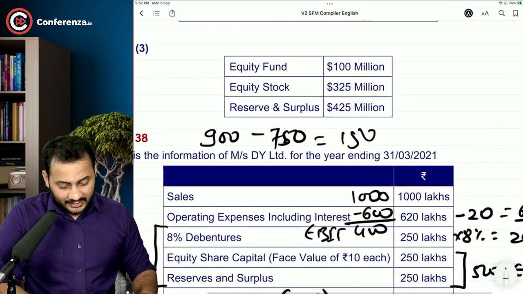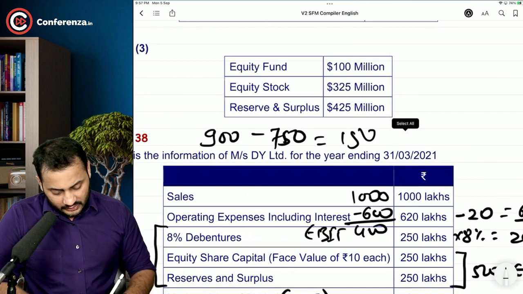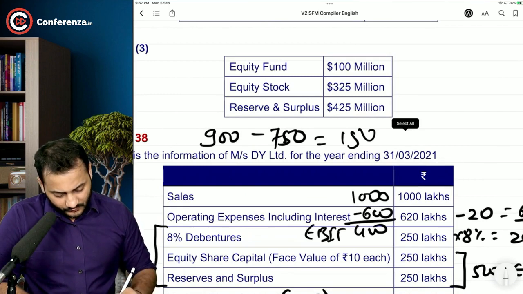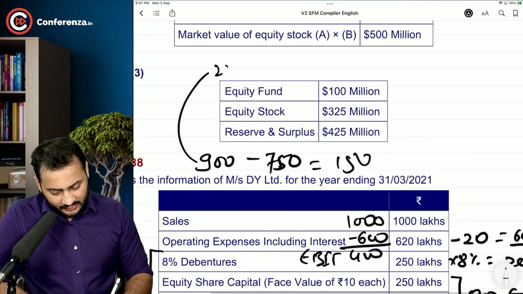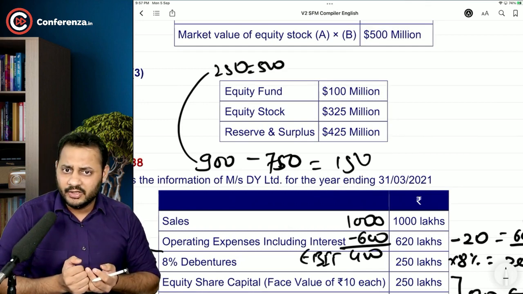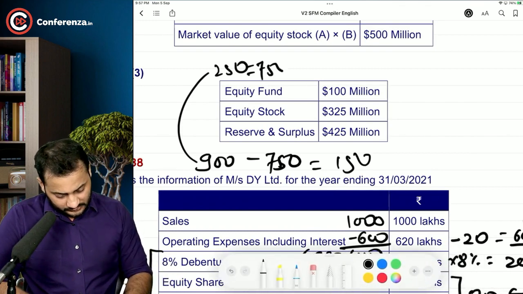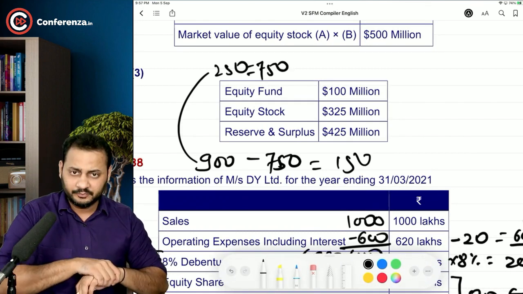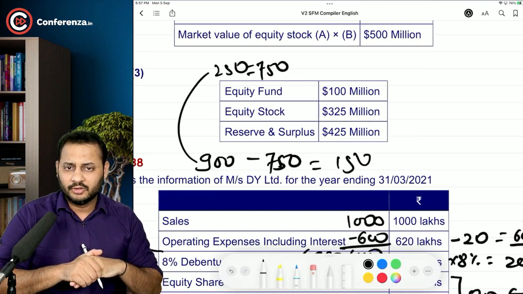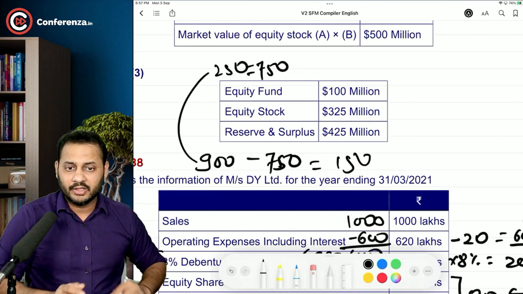Cool. Another way of calculating this: 900 minus 250, and that will be the value of equity. 750 will be the value of equity. True. And what is the book value of equity now?